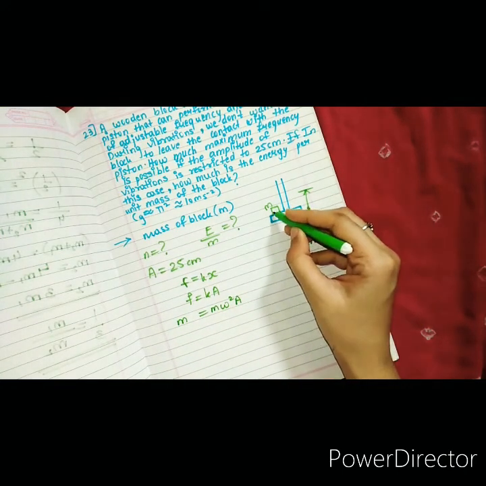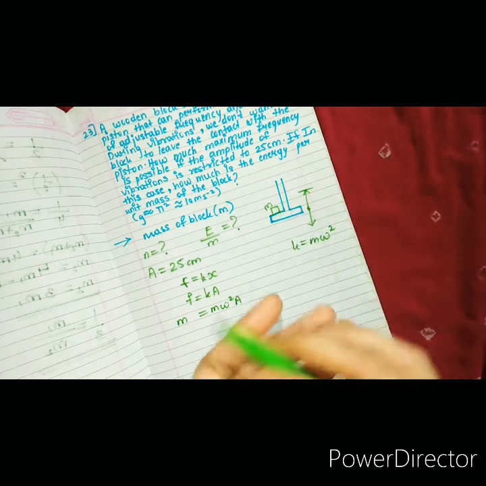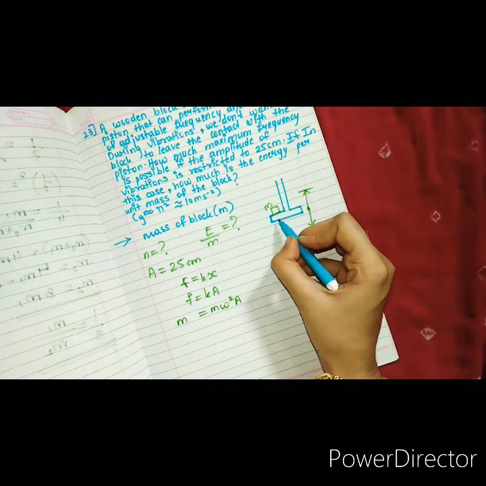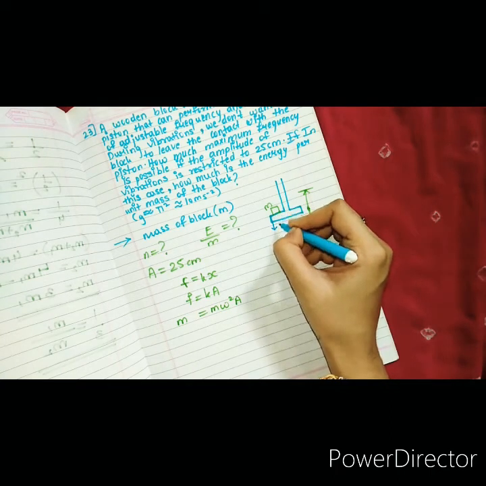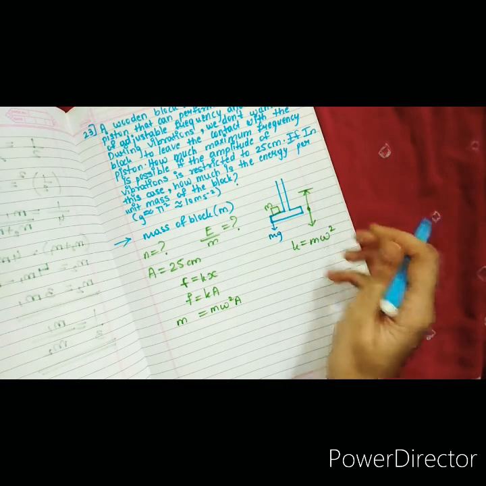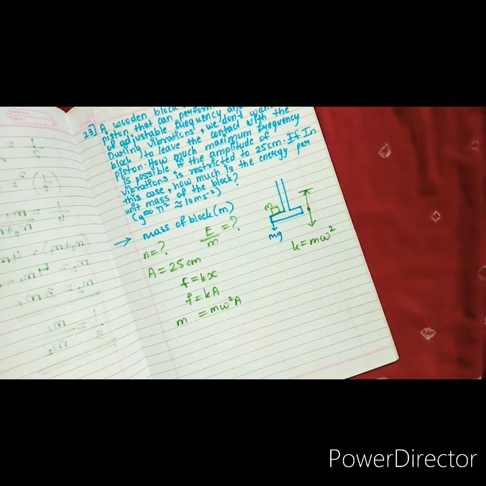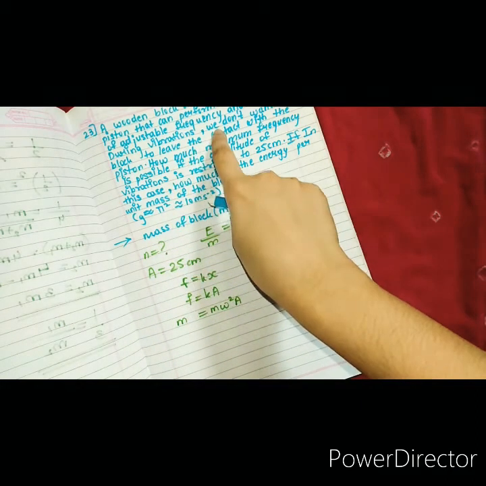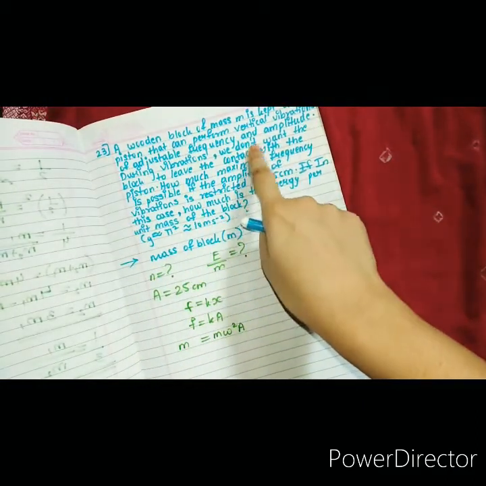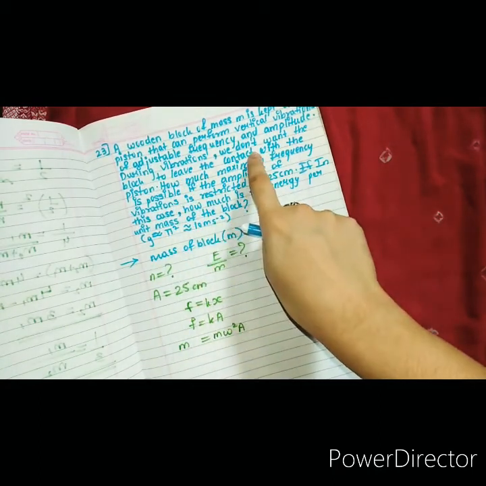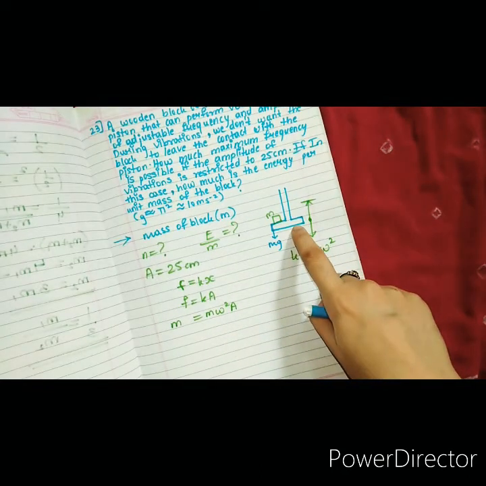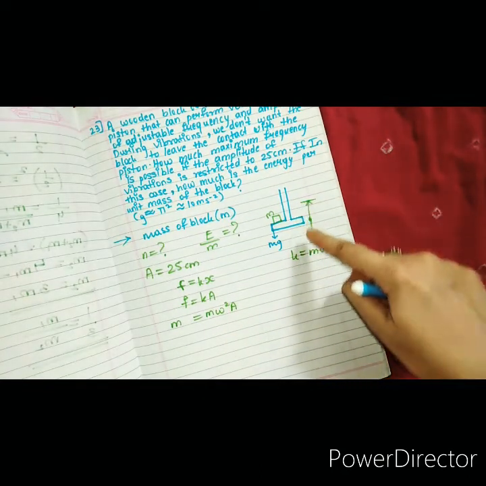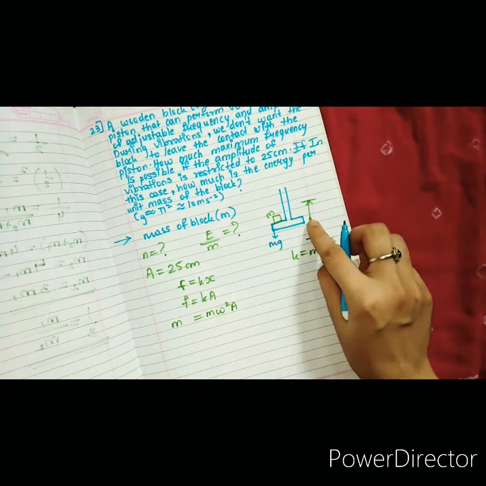But here the force on the block and on the piston will always be in the downward direction, and that will be according to the weight of the block. What is the condition given to us? During vibrations, we don't want the block to leave the contact. So wherever my piston is, at the highest point, or the lowest point, this is the mean position.